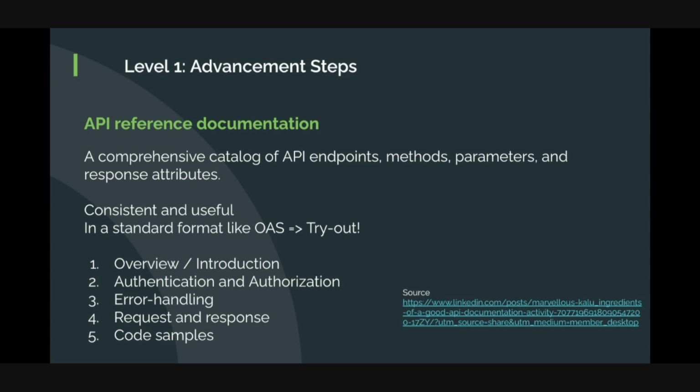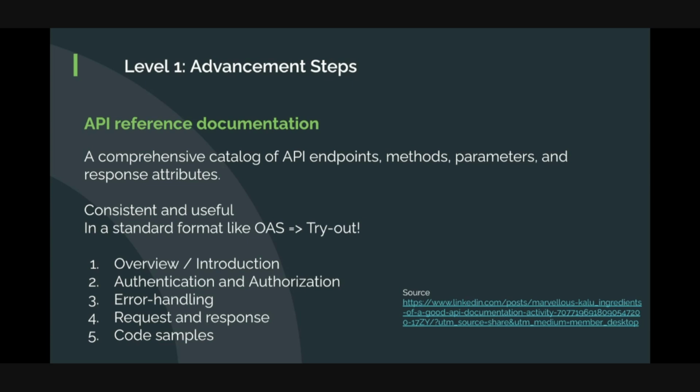So the API reference documentation is a comprehensive catalog of the endpoints, method parameters, and response attributes. This content must be consistent and useful and presented in a standard format, like the OpenAPI specification, which used to be Swagger. The inclusion of try-it-out functionality is also highly valuable and requested by developers.